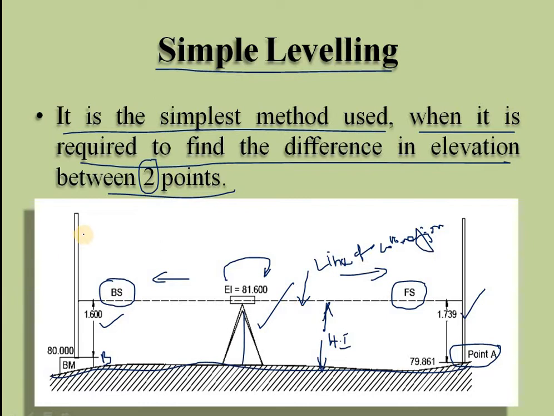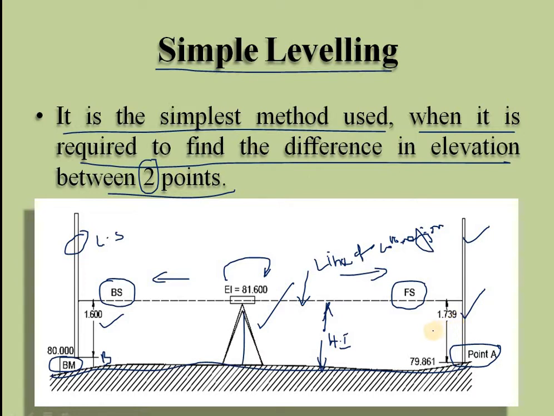This is generally a leveling staff. Two staffs were located, and here the benchmark is given. The benchmark is 80.000, which is given by the ground level. The readings we are getting are 1.600 and 1.739.